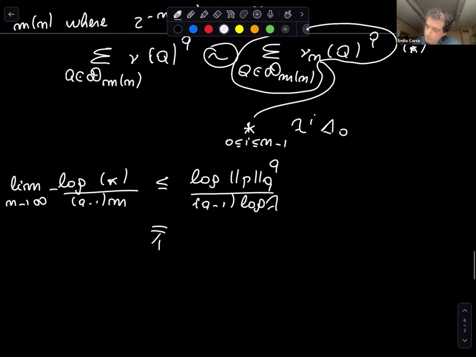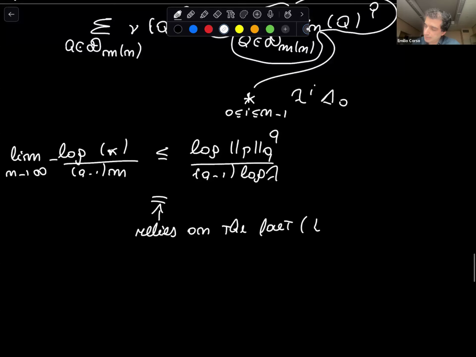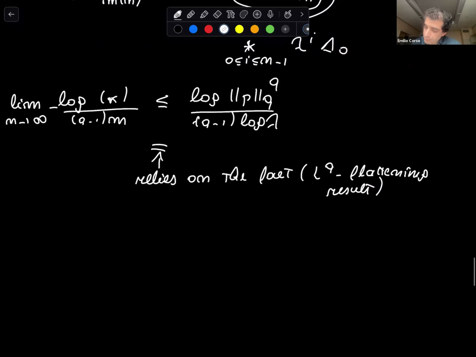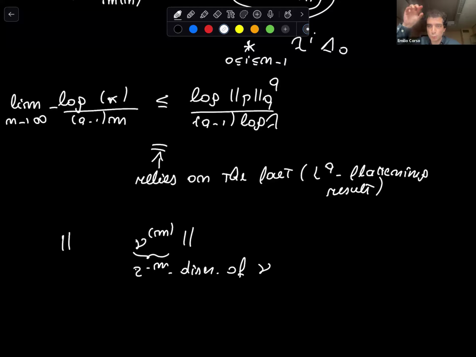And getting equality relies on the fact, which I can call an L^q flattening result, that if you take the L^q norm of, say, the measure nu discretized at scale m, so this is simply the 2 to the minus m discretization of nu, where you simply place all the mass in a cube at, say, one of its corners, say the bottom left-hand corner.